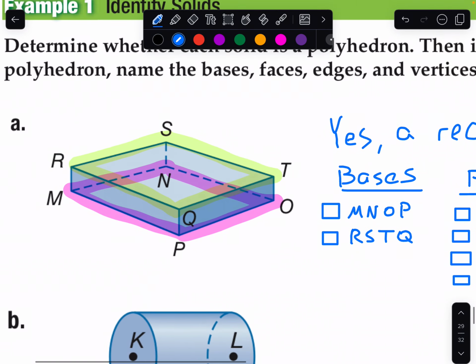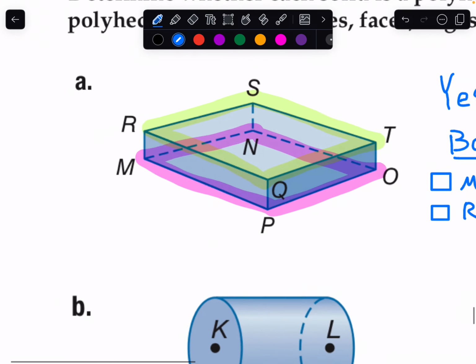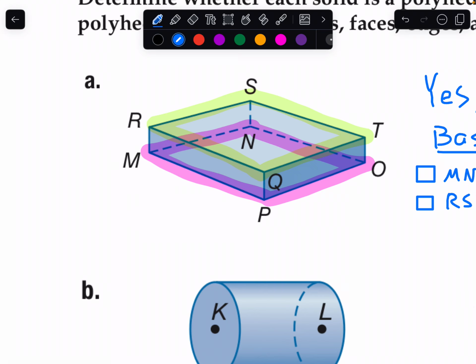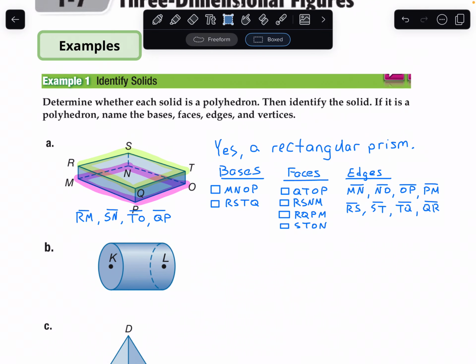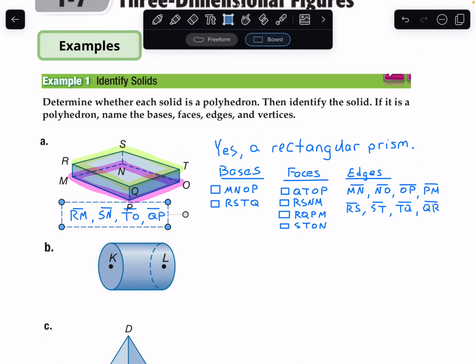And then we also have to connect up the bases to each other. So I'm going to start on the left-hand side, go top down, RM. Here, I'll just write it here and move it over. So we have RM, SN, TO, and QP. I'll just bring that over. That is not what I meant to do.